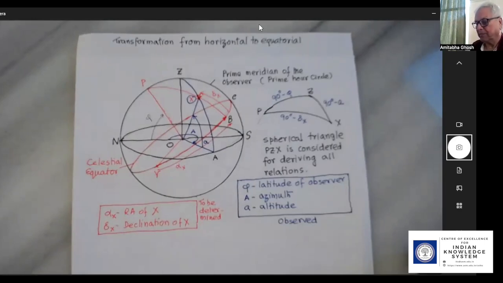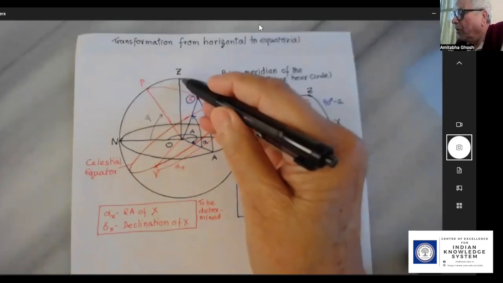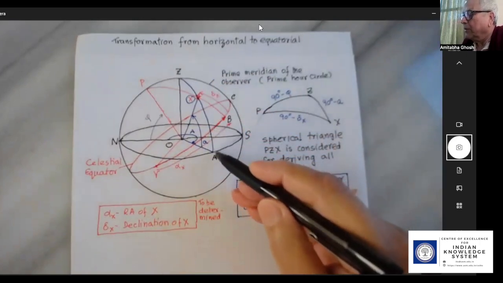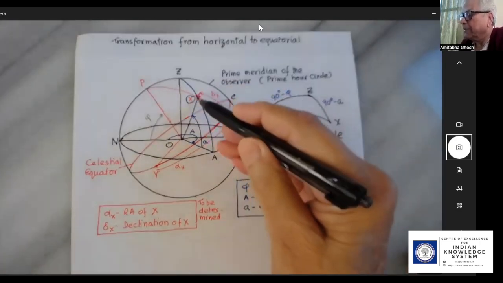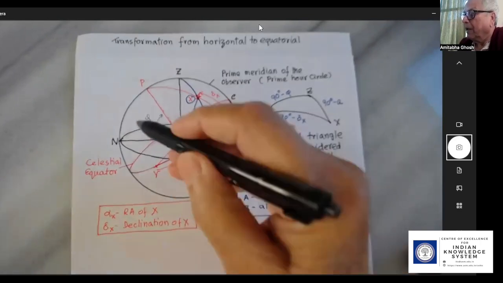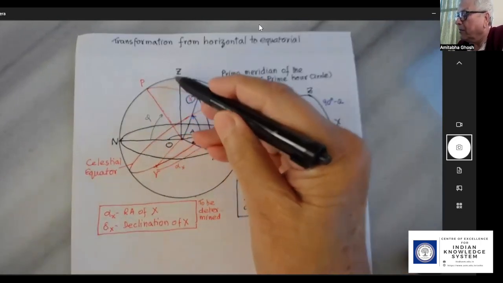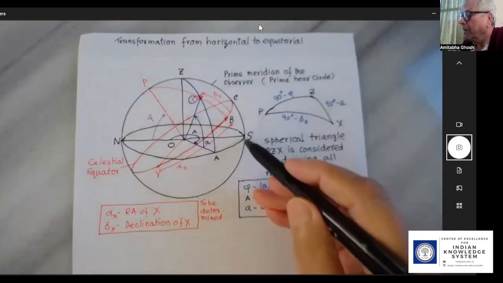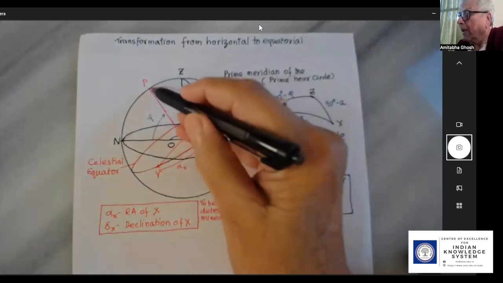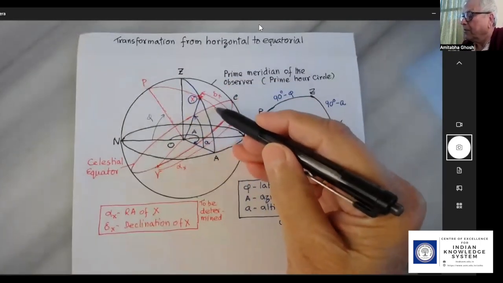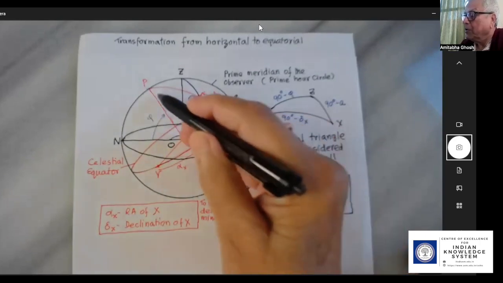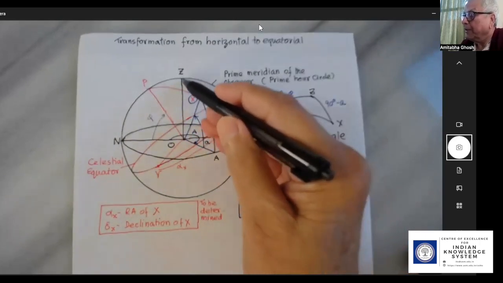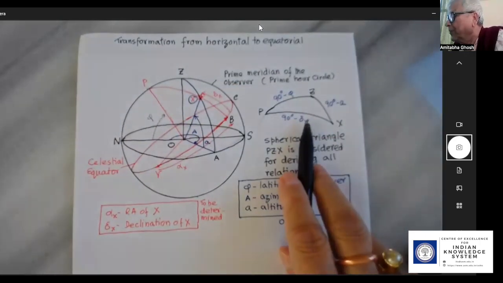That is our task. So now you see, if you draw the great circle through this object and the zenith Z, you get this great circle. This is another great circle, which is the prime meridian of the observer. And this is another great circle which you are drawing for the purpose of the equatorial system. So this becomes a spherical triangle like this.